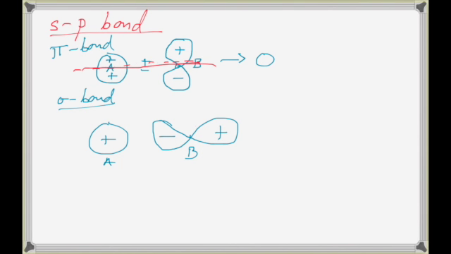And you know, there's this funny sign change. If I had drawn the p orbital over here and the s orbital over here, plus, minus, plus, then if I add them, I'll get my symmetric bonding.